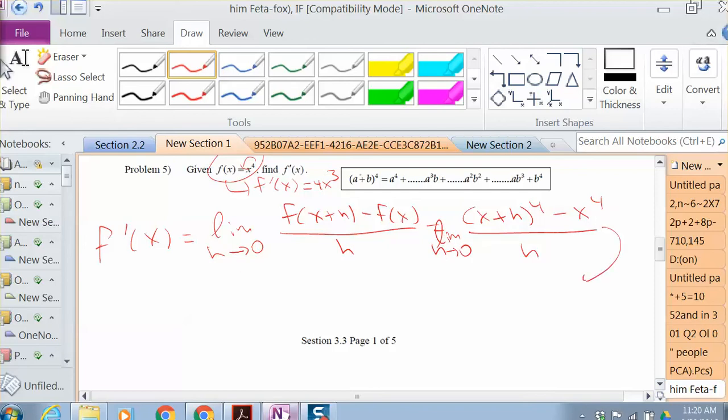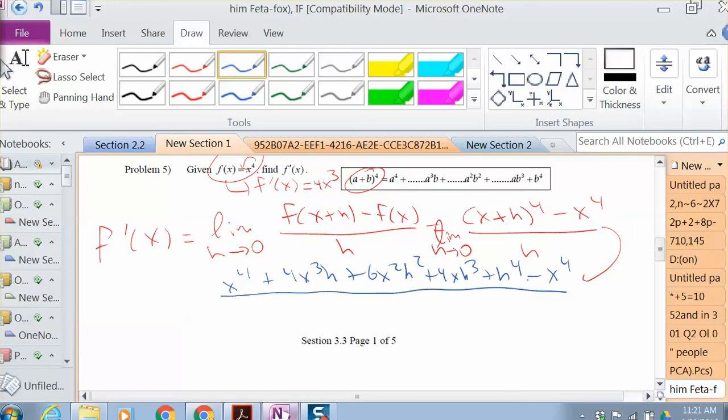So here is what is going to happen. If we do the expansion, which is shown right here, that's going to be x^4 plus 4x^3 h plus 6x^2 h^2 plus 4x h^3 plus h^4 minus x^4, because of the x^4 from f of x, all over h.